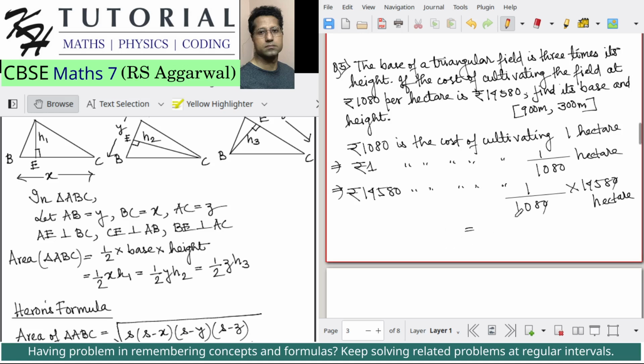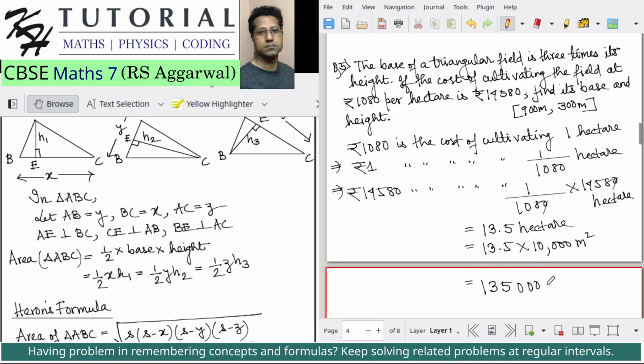So this is 13.5 hectare, which is equal to 13.5 multiplied by 10,000 meter square, as 1 hectare is equal to 10,000 meter square. This is equal to 135,000 meter square. So this is the area of the triangular field.